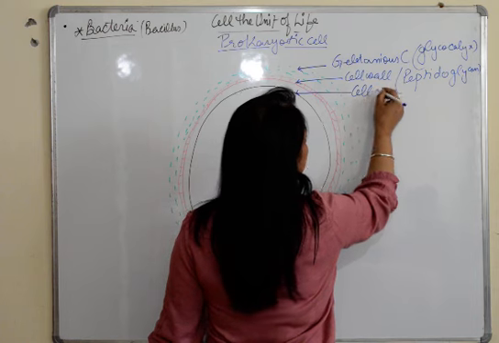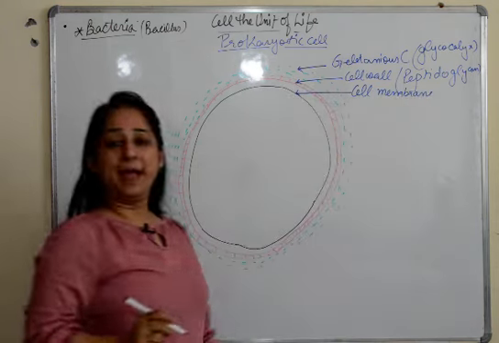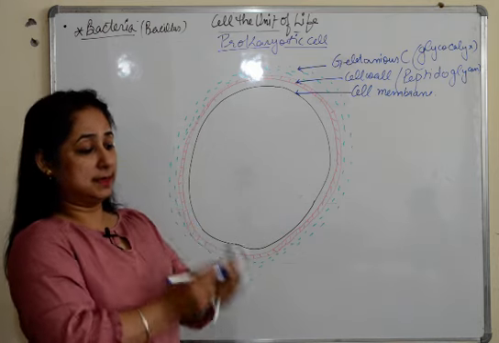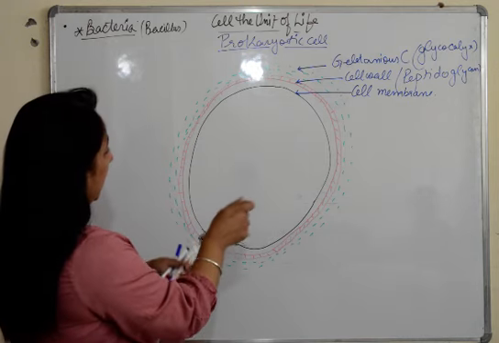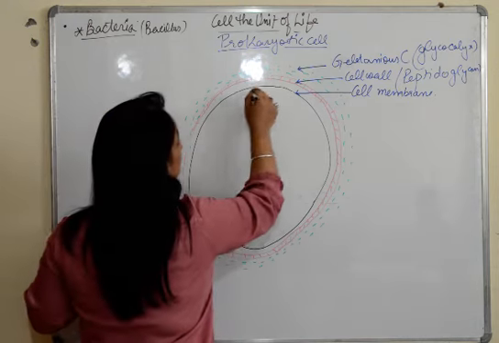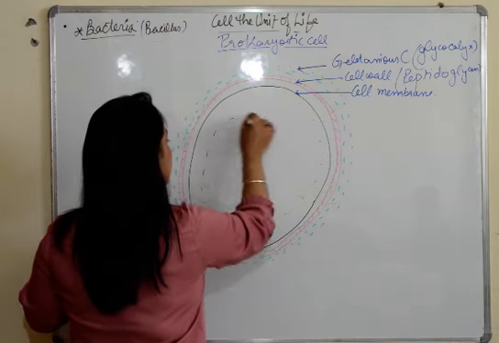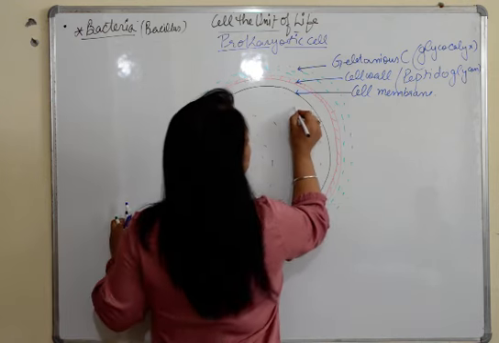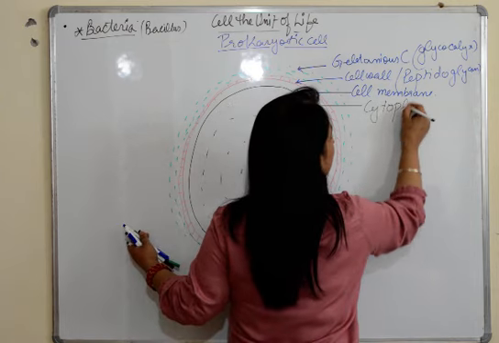Then we have the cell membrane of the bacterial cell. Now the cell membrane, we also call it plasma membrane, that we all know. Inside this, as in case of any of the cells, we have this scattered cytoplasm. I'll just randomly make it. We have the cytoplasm.